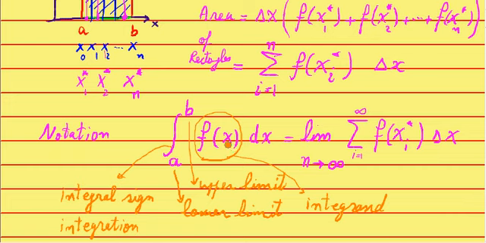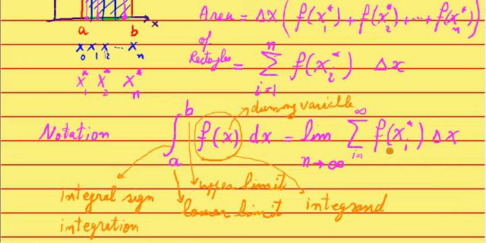For that reason, sometimes this variable x is referred to as the dummy variable of integration. We saw that funny terminology once before. When a variable name is used without it ever showing up in the final calculation, it's referred to as a dummy variable.